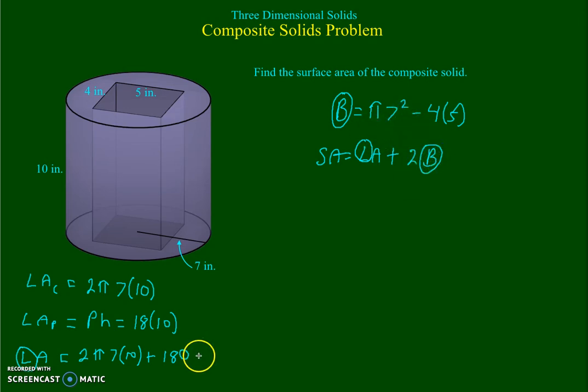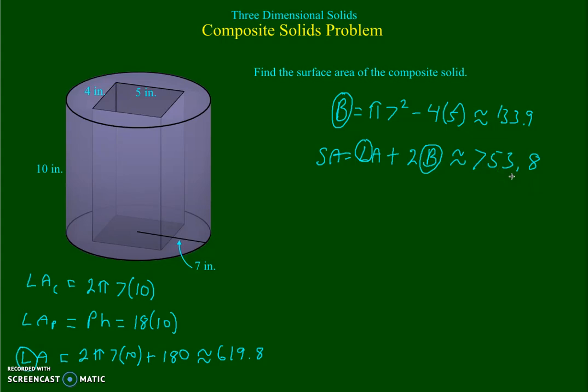Now this value came out to about 619.8, and this value comes out to about 133.9. And so if we add these together, we get approximately 753.8. That wraps up our discussion on lateral and surface area of cylinders.